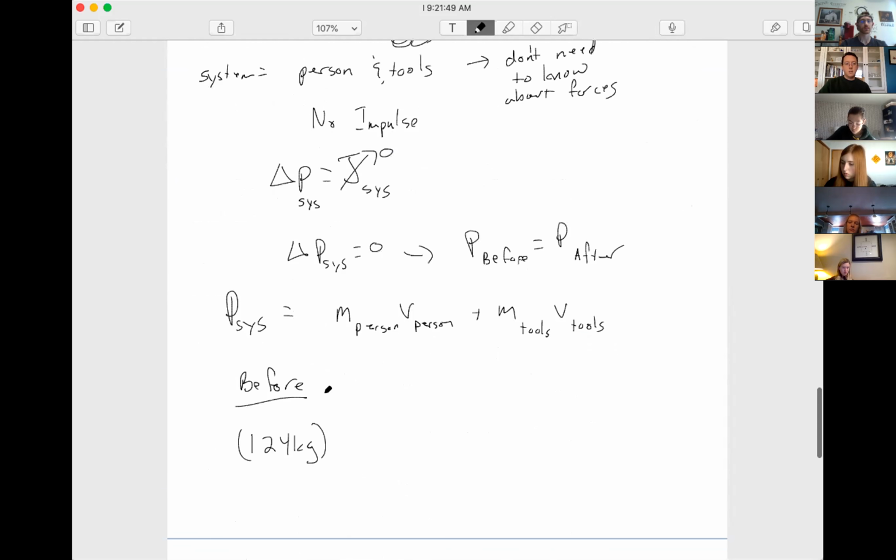Yes, that's the mass of the person. The velocity of the person is 1.2 meters per second plus the mass of the tools times the velocity of the tools before. Well, they were moving with the person, so it's 1.2 meters per second. And I get 124 times 1.2, and I get 160.8.